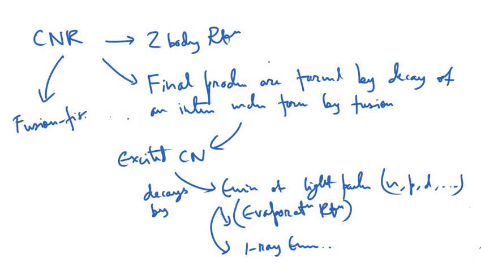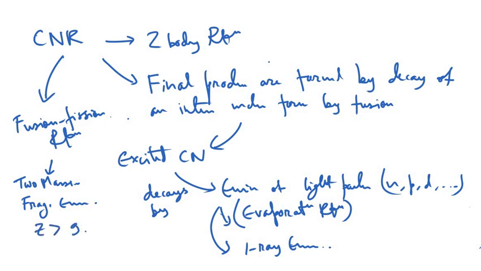This is when there is decay by two massive fragment emissions, right? However, you see fission occurs mainly in the actinide region, that is, Z is greater than 92. In some lighter nuclei, mainly asymmetric fission occurs. Okay, now let's continue to the last part.